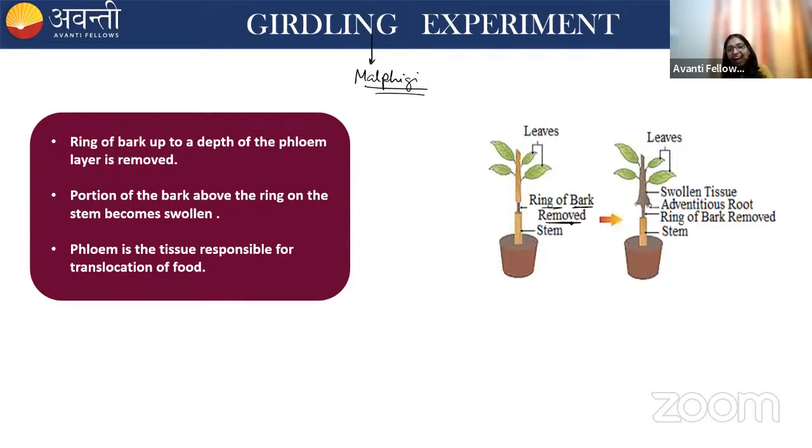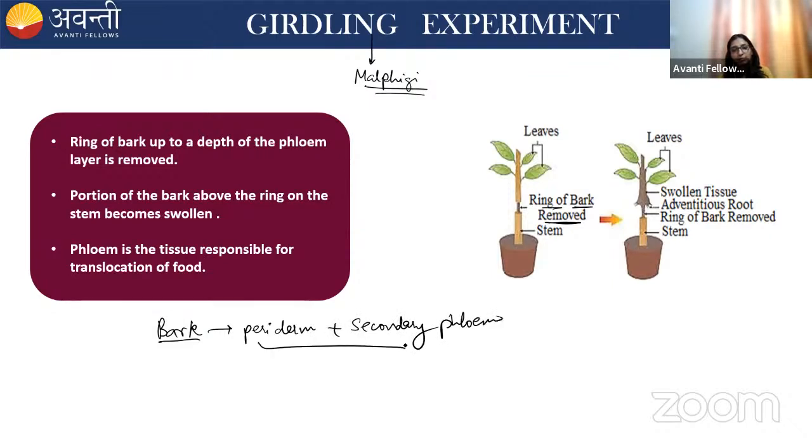A ring of bark has been removed. And bark consists of all the tissues outside the vascular cambium. So it consists of periderm plus your secondary phloem. Remember this point. What comes under bark is the periderm plus the secondary phloem. All the tissues outside the vascular cambium are known as bark.